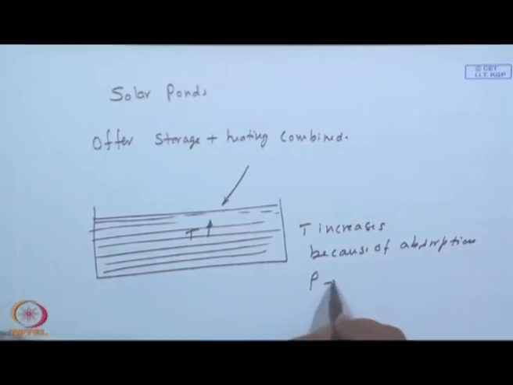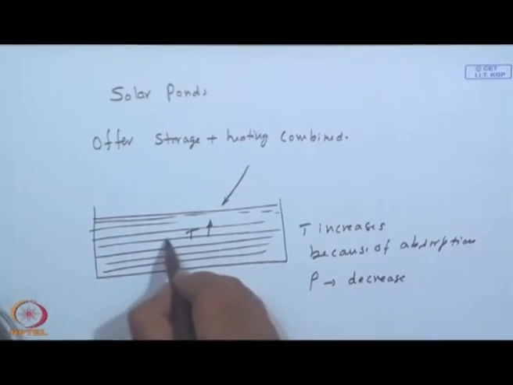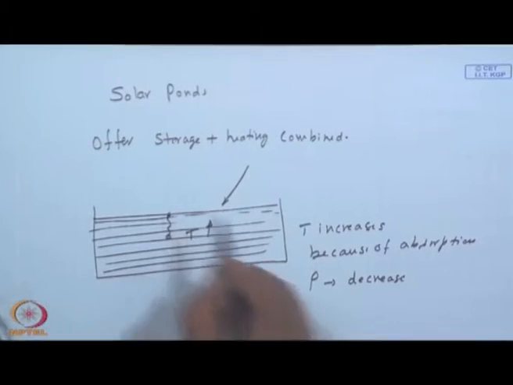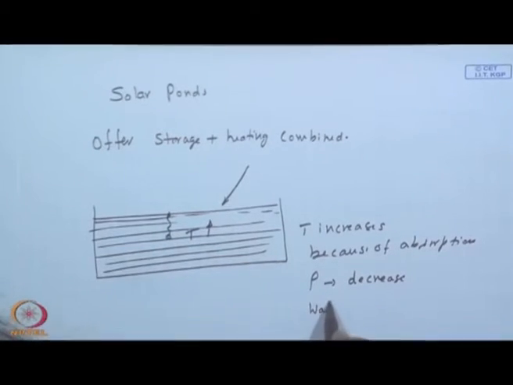So, rho decreases. So, the water goes up. Hot water goes up and loses heat to the environment, right.